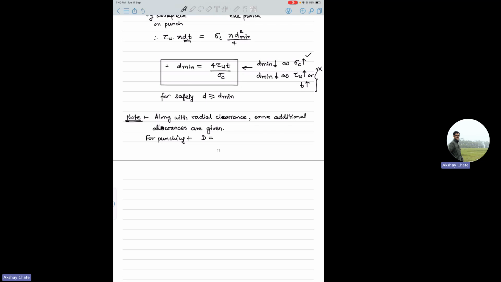For punching, you provide clearance on the die, so that will become D plus 2C plus whatever allowances you have. And for blanking, it is provided on the punch, so this D will be D minus 2C plus allowance. So just a precautionary note, because in some cases they'll not mention those things.